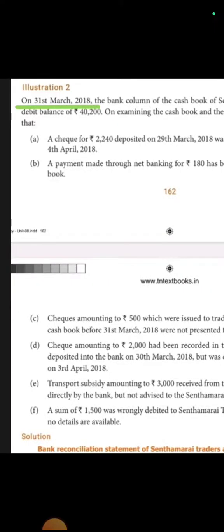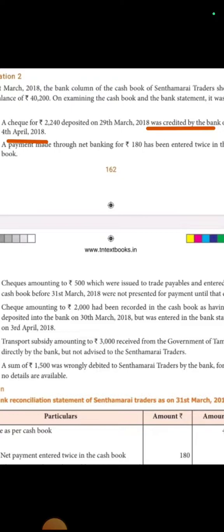We prepared the bank reconciliation statement on what date? 31st March 2018. But on 4th April only that check was credited by the bank. So it was not credited on 31st March 2018 when we prepared it.